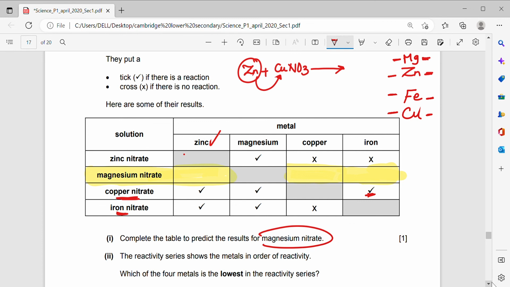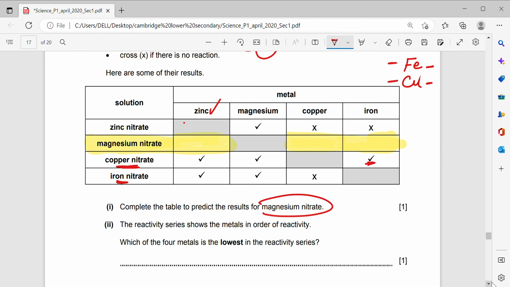Which of the four metals is the lowest in the reactivity series? We said copper.